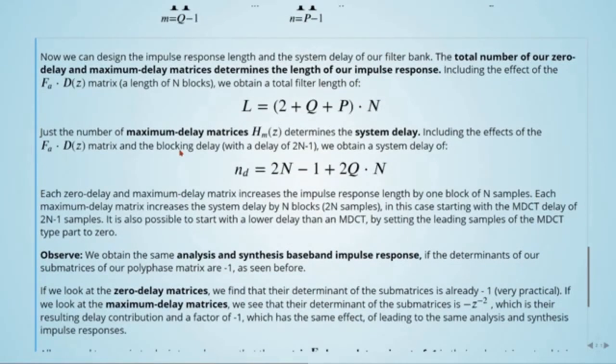Now we can design the impulse response length and the system delay of our filter bank.